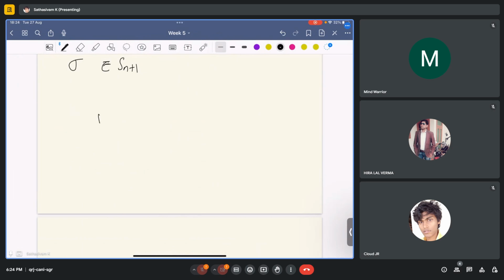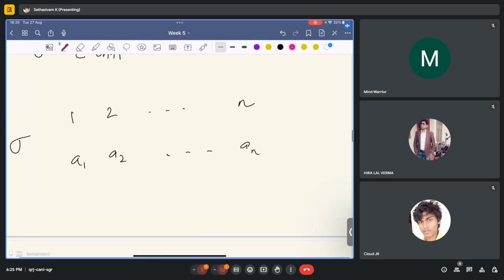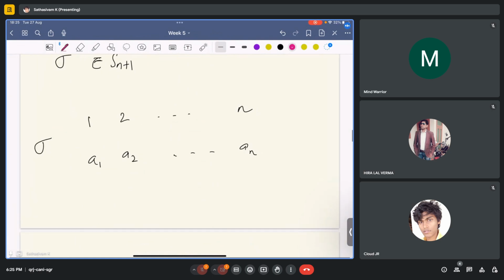So sigma is a permutation, right? So it maps to some a1, a2 to an. So this is my sigma. How do you see it as an element of Sn plus 1? Sn plus 1 is a permutation of n plus 1 symbols.